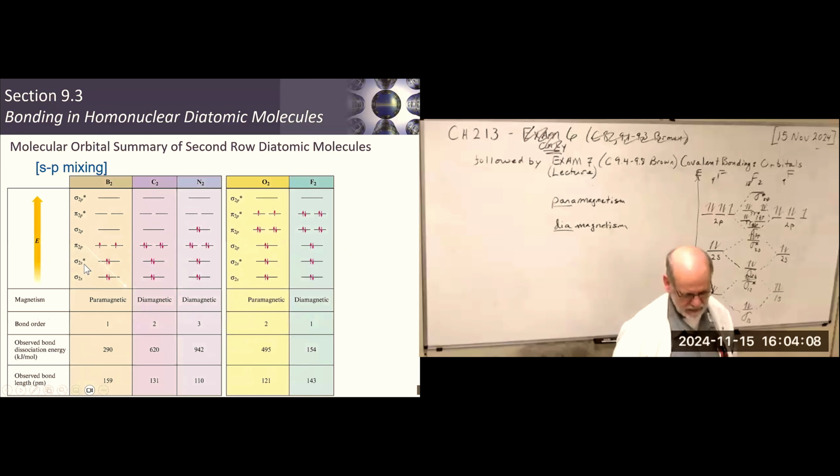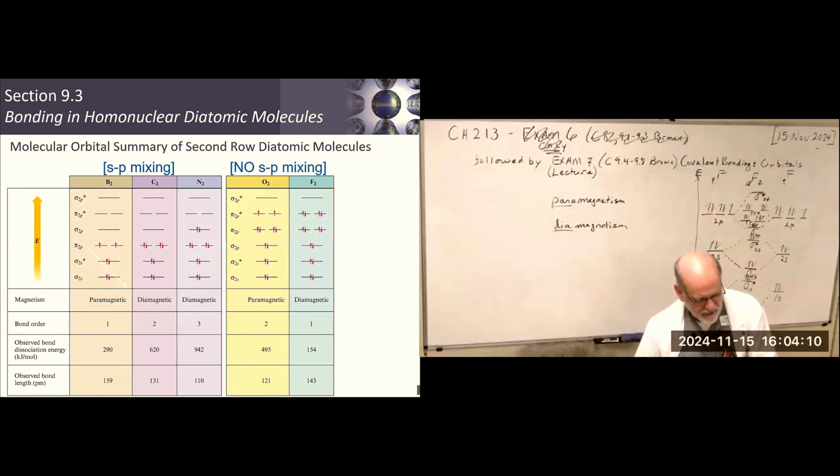Okay. This is another possibility, another diagram, and it shows that dioxygen and difluorine experience no mixing. So we have the sigma 2p and the pi 2p, and then the pi star and the sigma star for oxygen and difluorine.